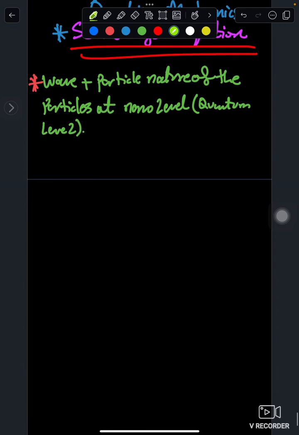And the main symbol in the Schrödinger equation is the wave function.